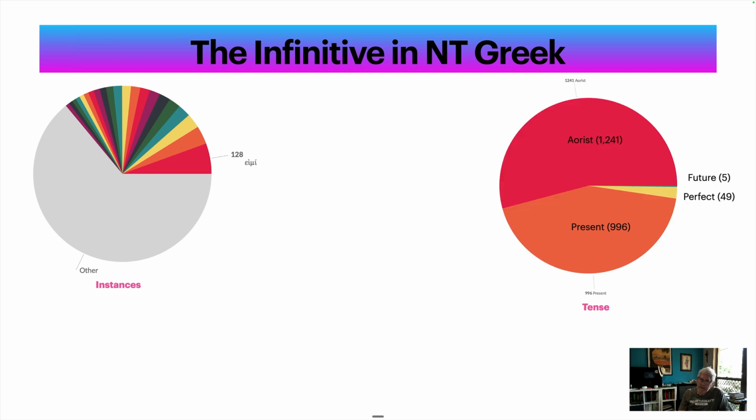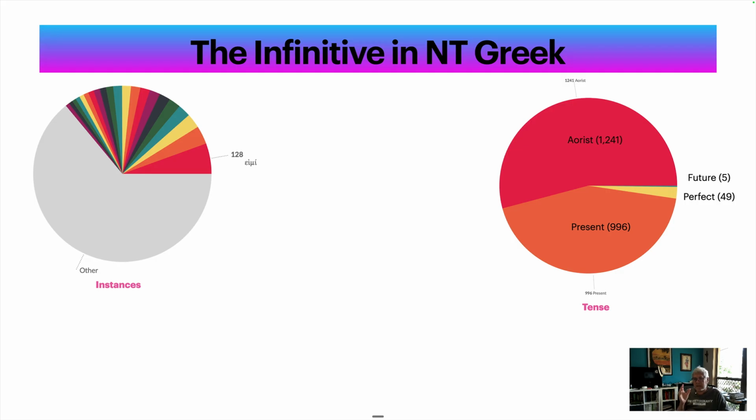In terms of tense, the infinitive is more likely to be aorist, slightly less likely to be present, and most unlikely to be perfect or future. So it's almost always going to have the aorist or the present sense.